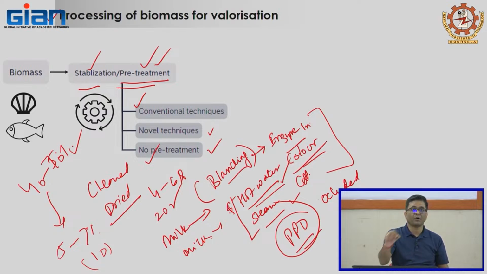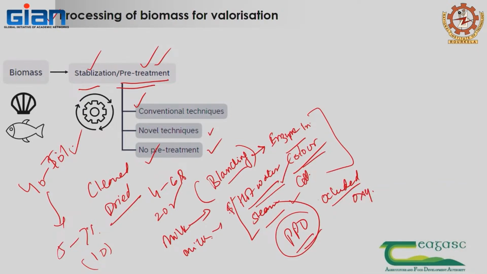This explains why color is retained in a blanched sample. If oxygen is there, it will oxidize the color, yeah, correct. So for that we remove oxygen trapped in the air in the plant biomass. The moment you blanch it, air is gone, then it settles down, yeah. So there are multiple purposes. This is also one of the important unit operations done in a processing environment as well as in stabilization of biomass, yeah.